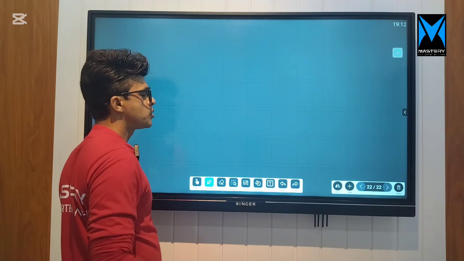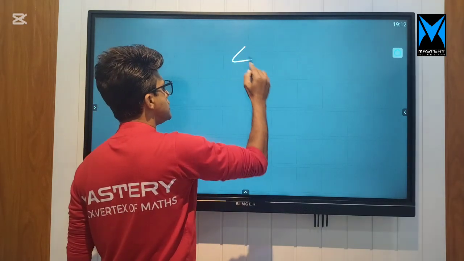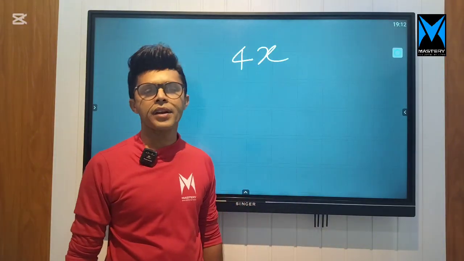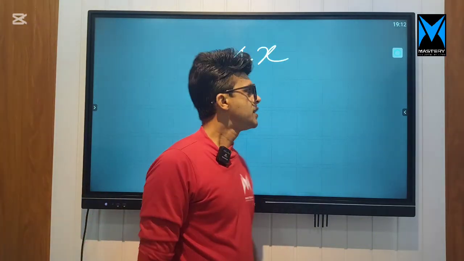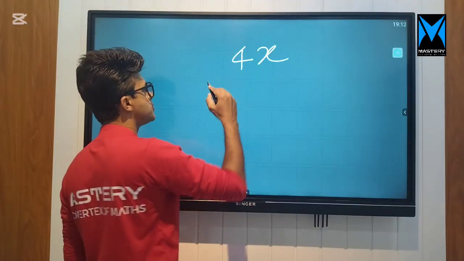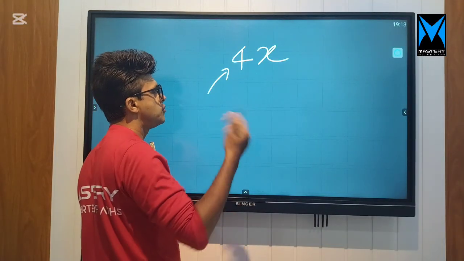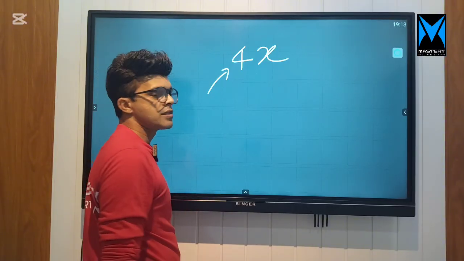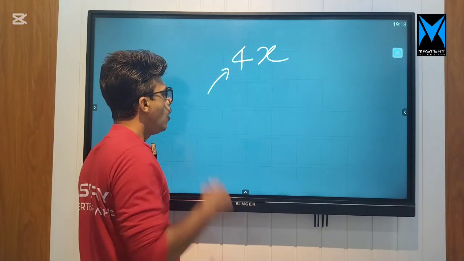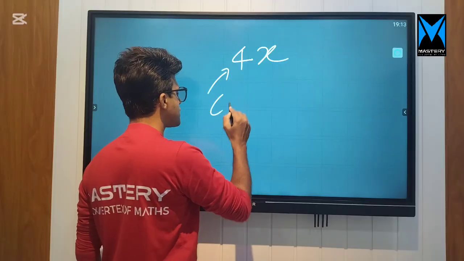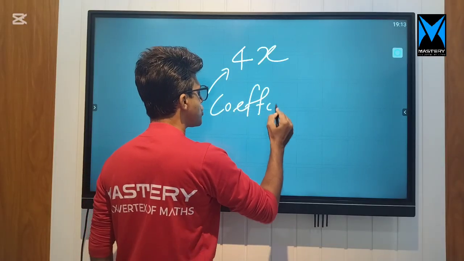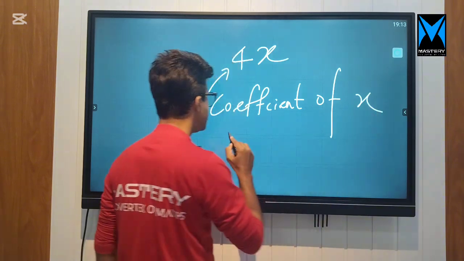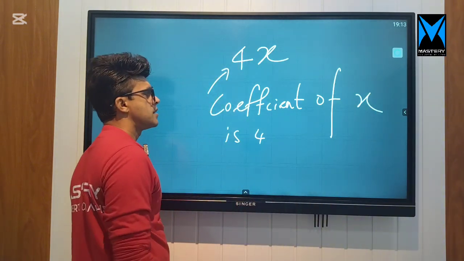The other thing is, this is 4x. Here also you need to understand something. You could see the digit which has been written with the term x. This can be identified as the coefficient. The coefficient of x is 4.